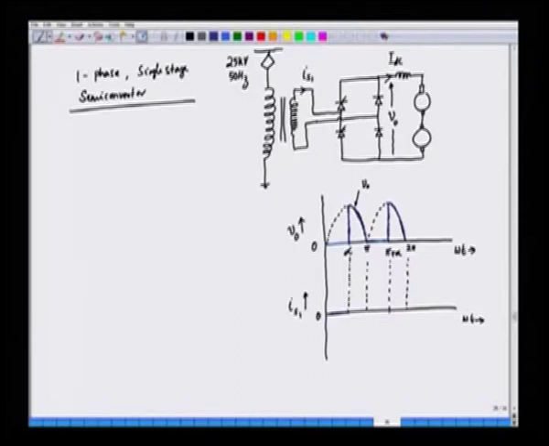From alpha to pi we have a block current like this, and then from pi to pi plus alpha we have 0 current, and from pi plus alpha to 2 pi we have the negative half cycle. So, we have the negative current, and the amplitude of this current is the DC link current. In the DC side we have IDC. So, this current is basically IDC, and similarly this is minus IDC.